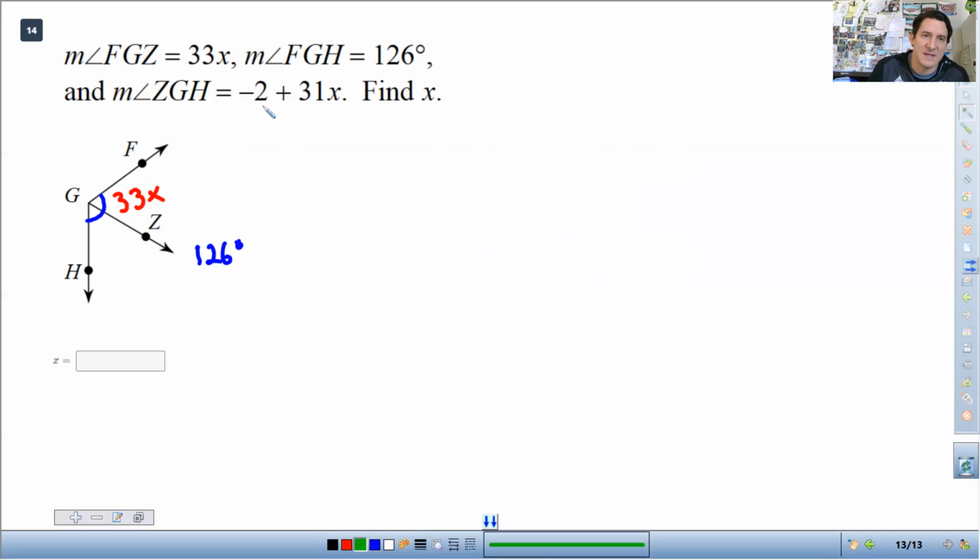And then that means this last one, the ZGH. ZGH is -2 plus 31x. Add the two smaller parts together to get the whole. So it's going to be 33x plus -2 plus 31x is equal to 126.